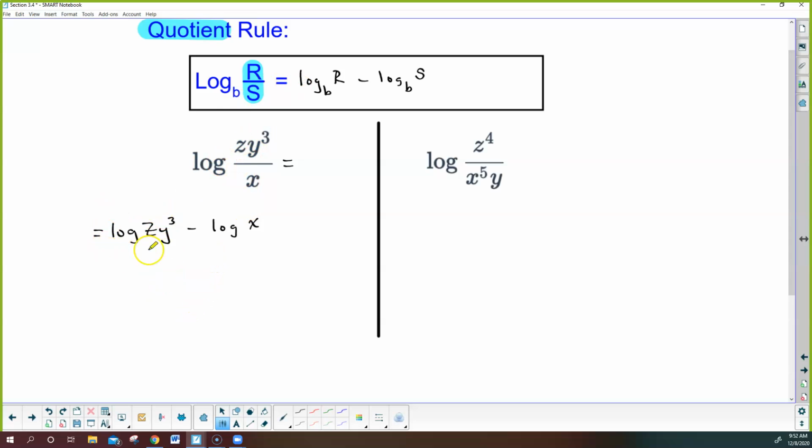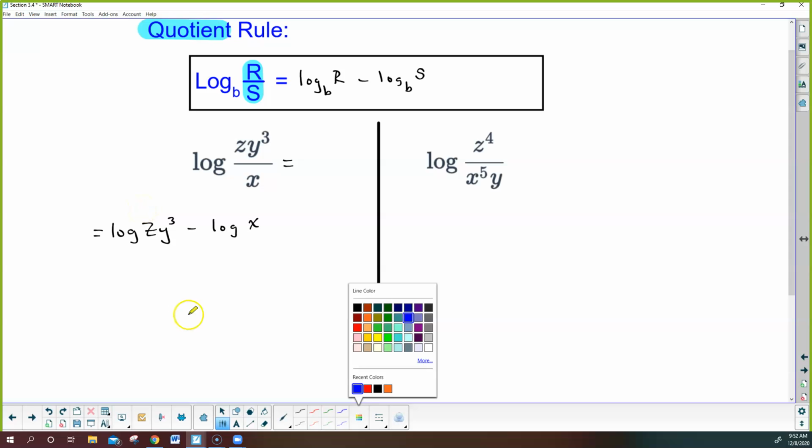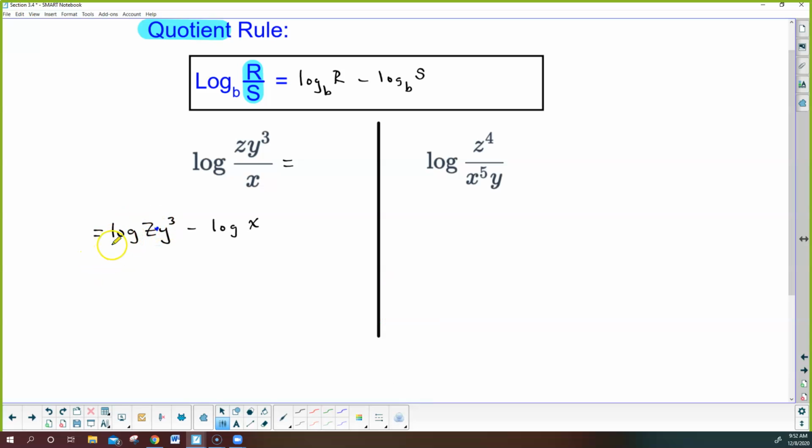But now we're not done because we have to look at the first part of this answer and keep expanding. So you're going to keep applying these rules, and like we have here, sometimes you apply all three rules in the same problem. Now notice, we have a product here, so I have to split up this first part as the product.